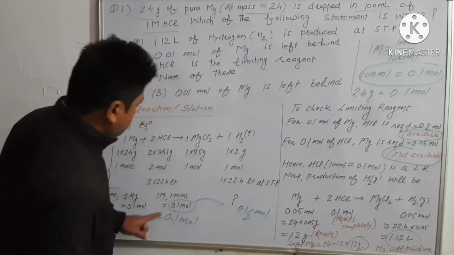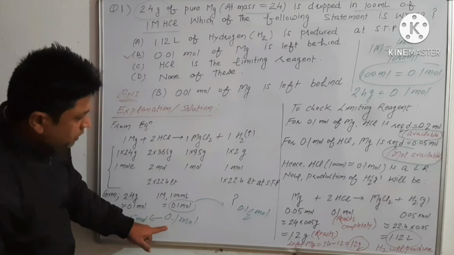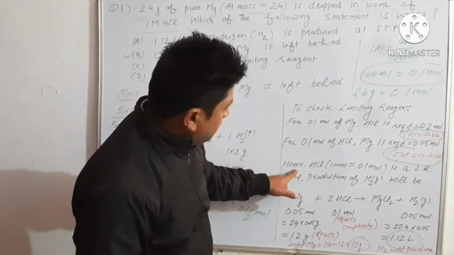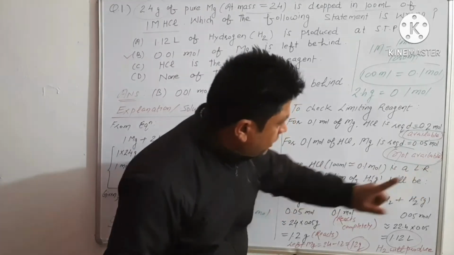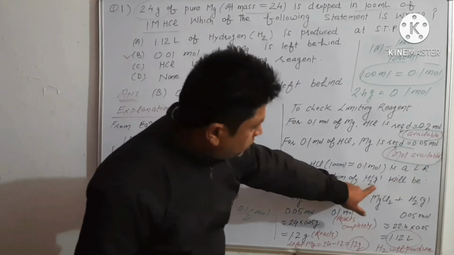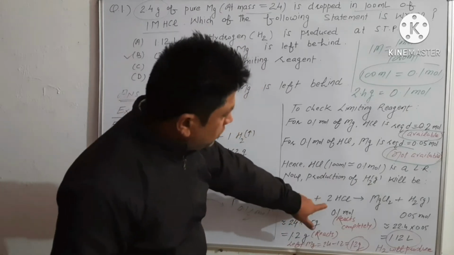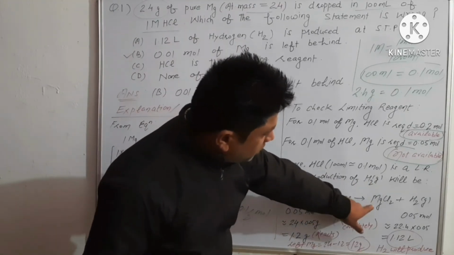Hence HCl, 100 ml equivalent to 0.1 mole, is the limiting reactant. Now the production of hydrogen gas: magnesium plus 2 HCl gives magnesium chloride and hydrogen.